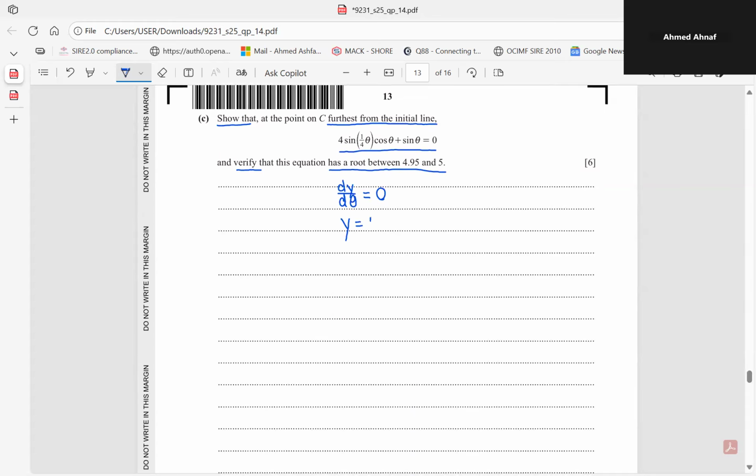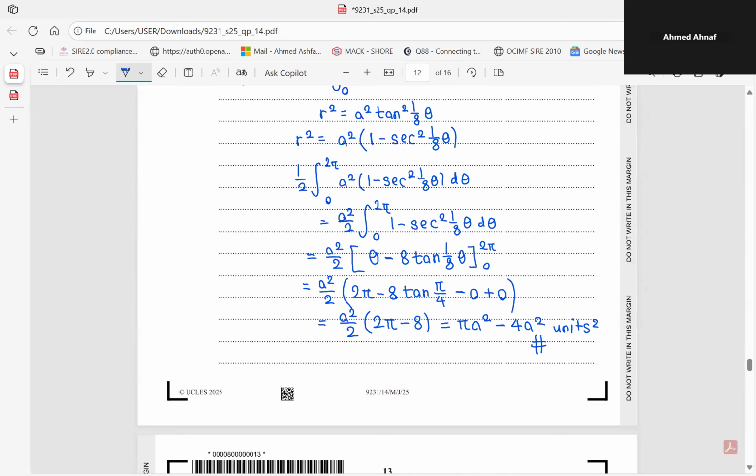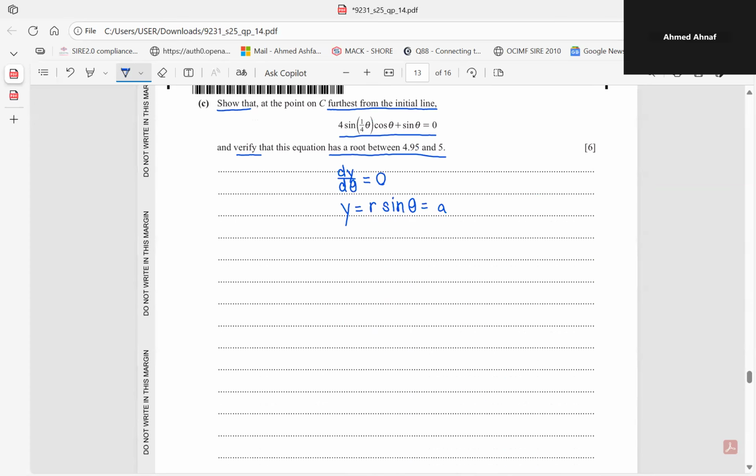So y equals r sin θ. r is a tan(θ/8), so y equals a tan(θ/8) sin θ. And then dy/dθ is just the differential of this.